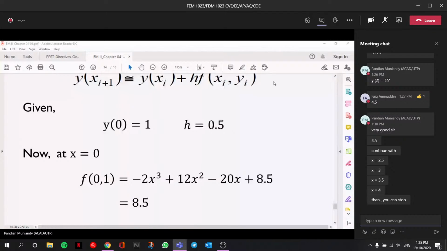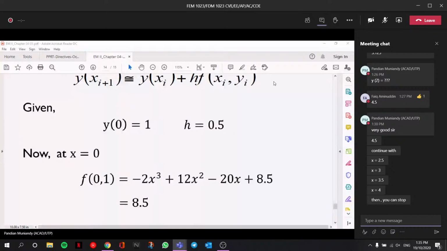And now we want to investigate what will happen when x is 2.5. This is very important because you can study the pattern of the output, where the values are going in the end. But the ending for this problem is we have to stop when x is 4. That is what we call the stopping criteria as per the problem.